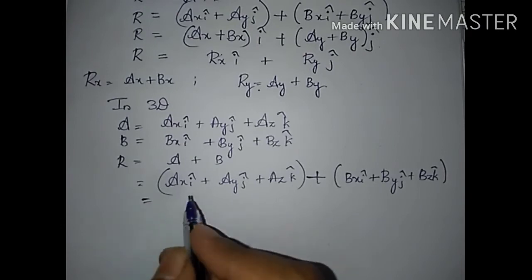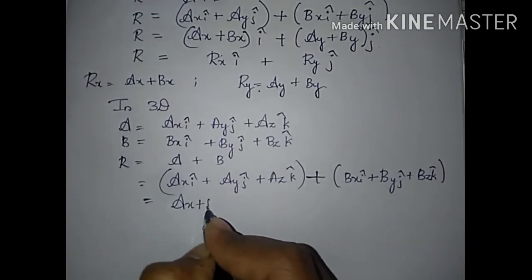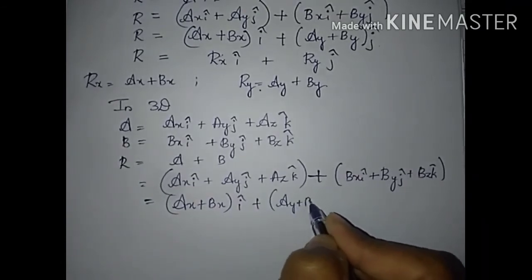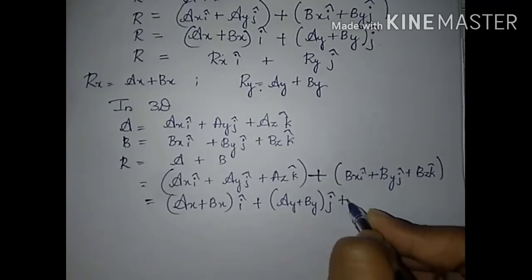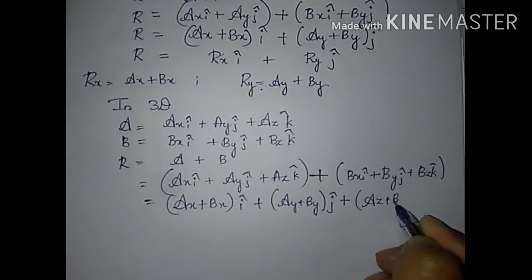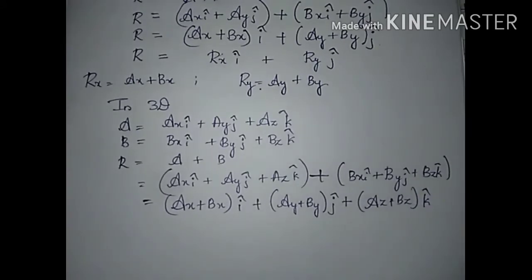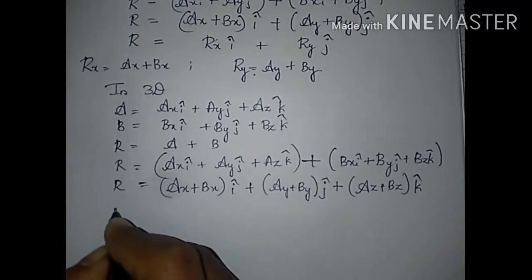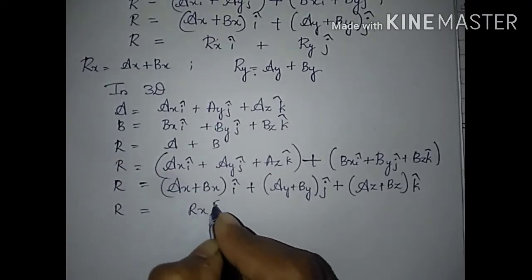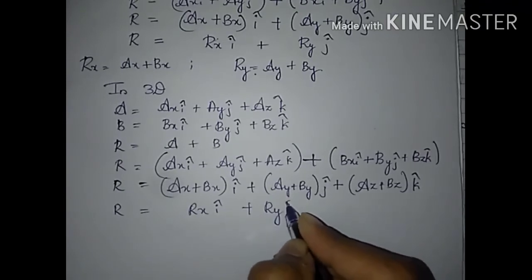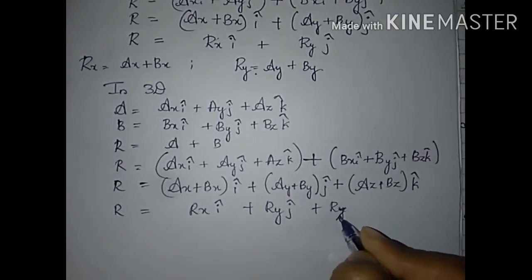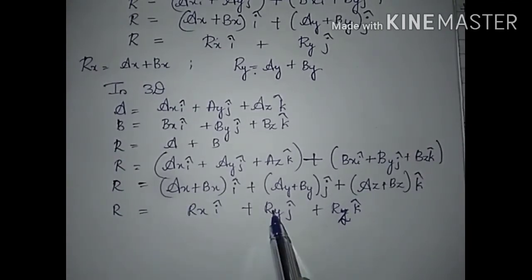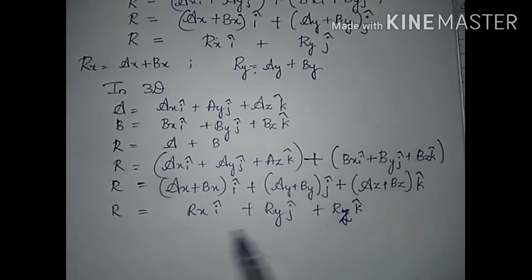Now from the commutative and associative law I can write Ax plus Bx i cap plus Ay plus By j cap plus Az plus Bz k cap. So this can be written as Rx i cap plus Ry j cap plus Rz k cap. So what is Rx here? Rx is Ax plus Bx, Ry is Ay plus By, Rz is Az plus Bz.